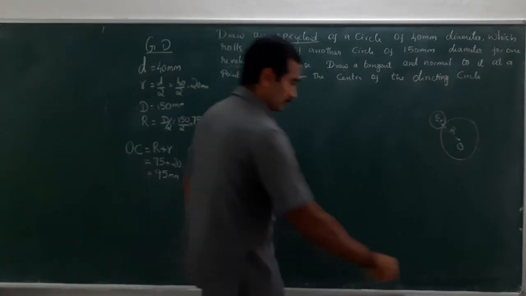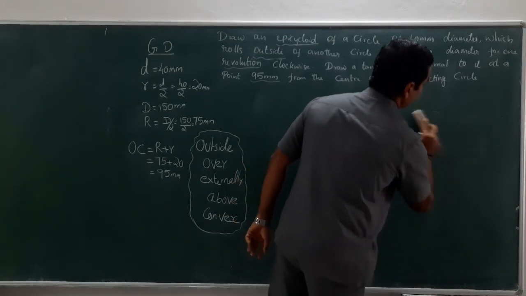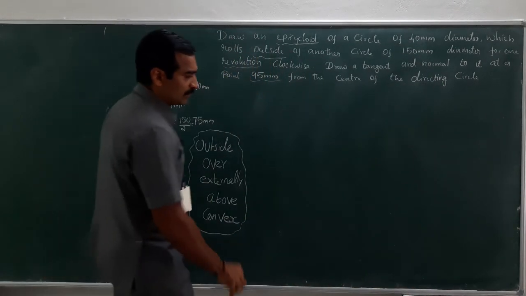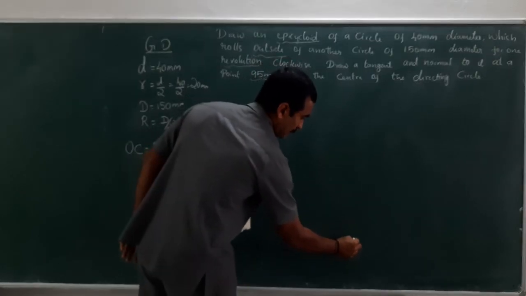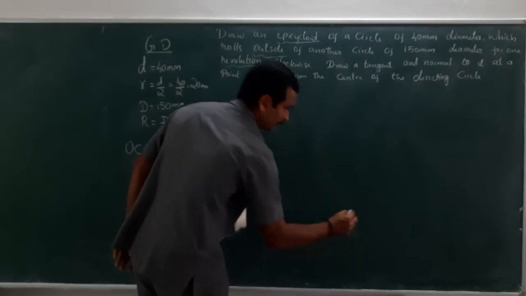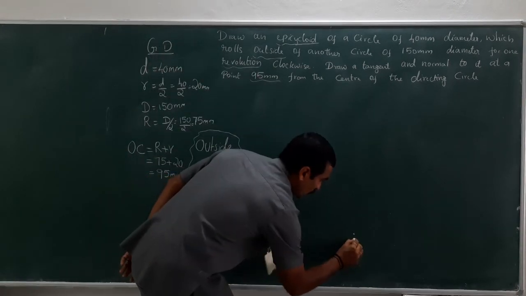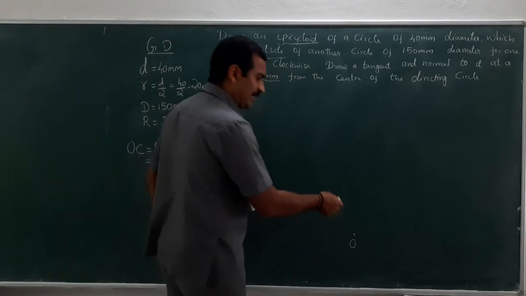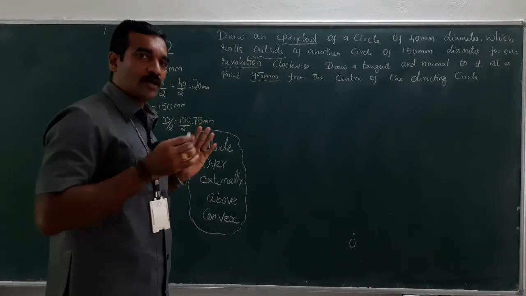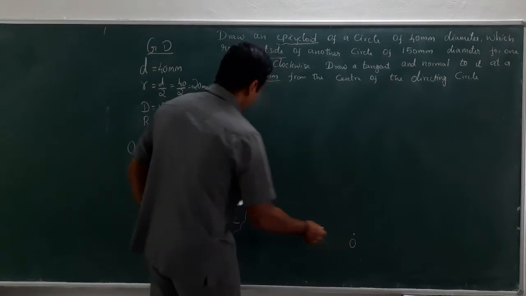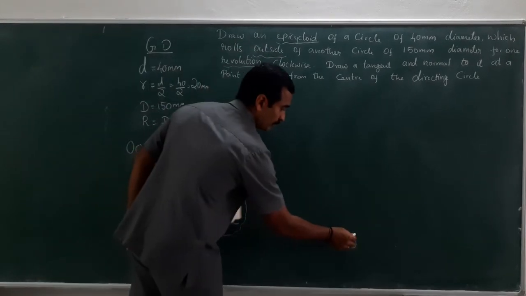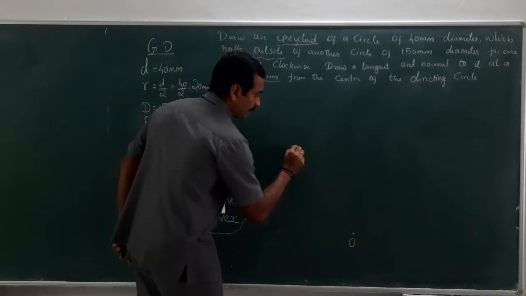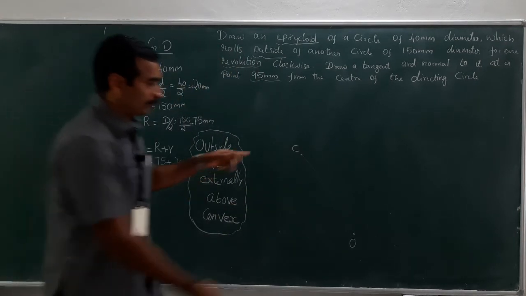Let me start constructing the epicycloid curve. Choose any point, and call this O. At any angle, take a distance of 95; this is C. OC is 95 mm.